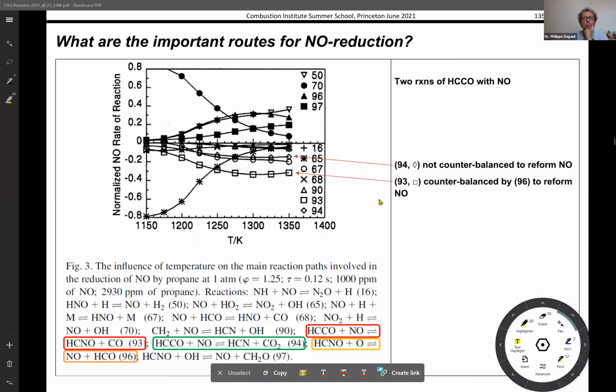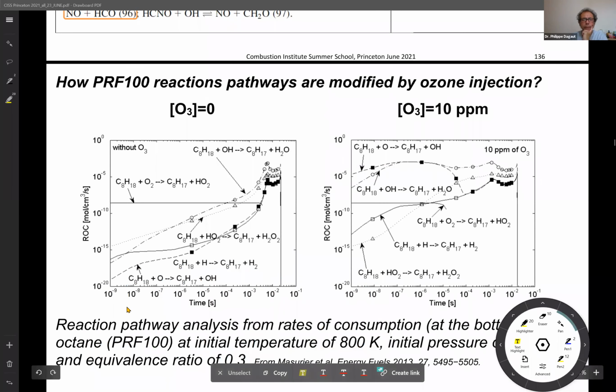This is another example where we can figure out what are the reaction pathways and how the introduction of traces of ozone can strongly modify the oxidation rate of a given hydrocarbon.